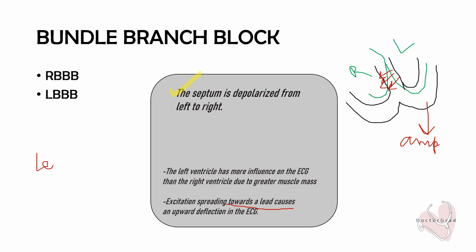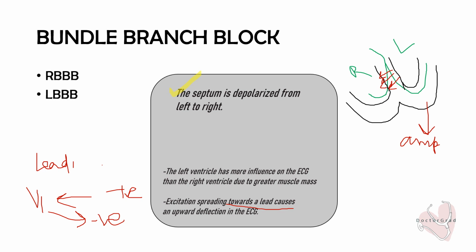So if this is lead 1, for example, or we are mainly talking about this in terms of the precordial leads, so if this is V1, if it is coming towards the lead, then it is denoted as positive. If a wave is going away from the lead, it is denoted as negative.